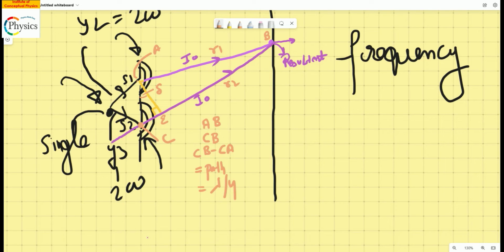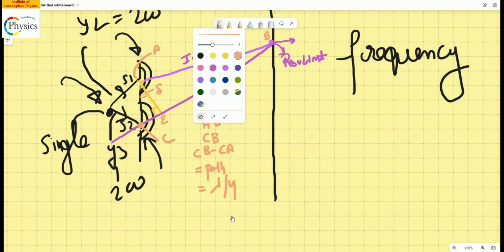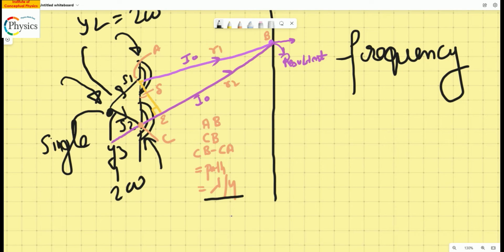Let's go back to the question. Now you understand the situation: due to this path difference, this extra traveling, a particular type of resultant will be created here.